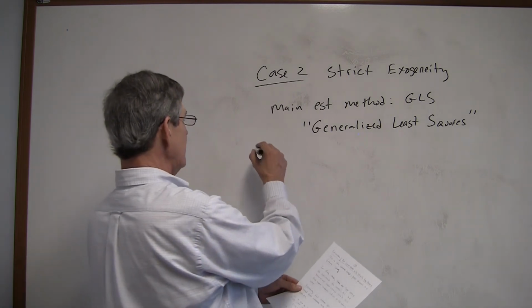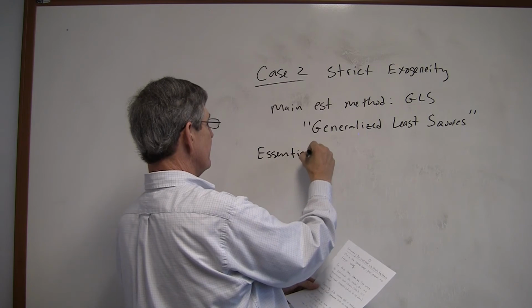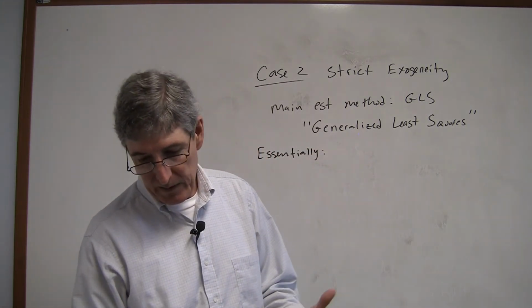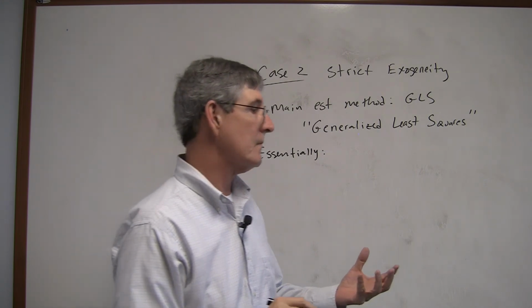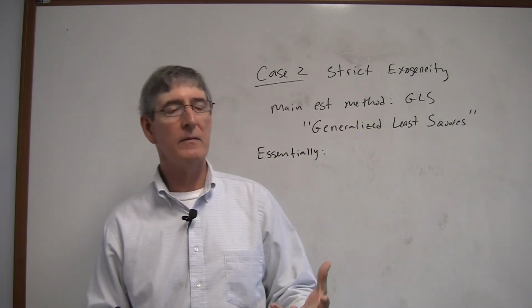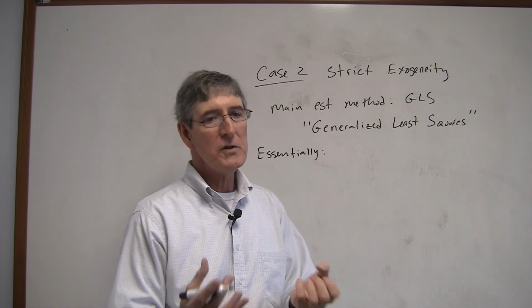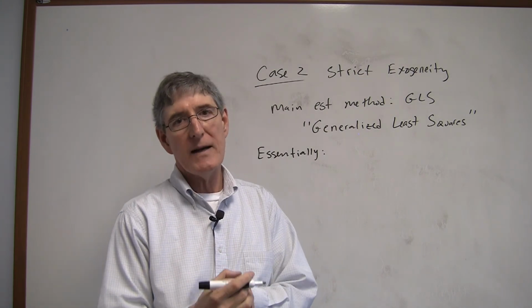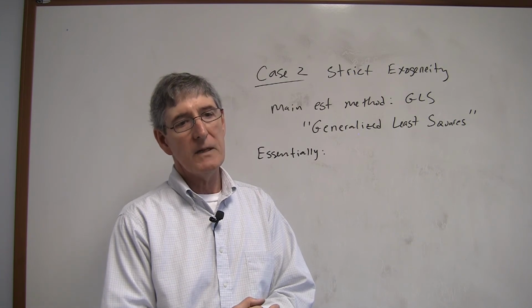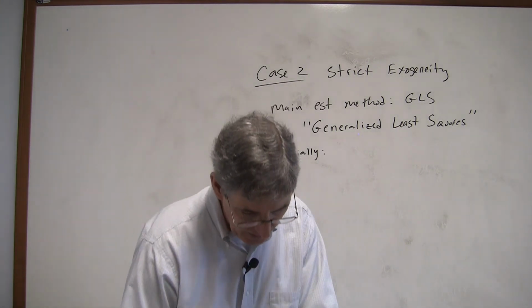So essentially, what GLS does, so you have a model and you have some problem with it, like heteroscedasticity or autocorrelation, and so the assumptions you need for OLS aren't satisfied. What you can often do is find a transformation of that model that gives you the right assumptions back. It gets rid of whatever problem there is in the error term.